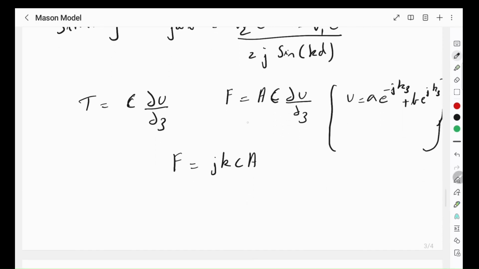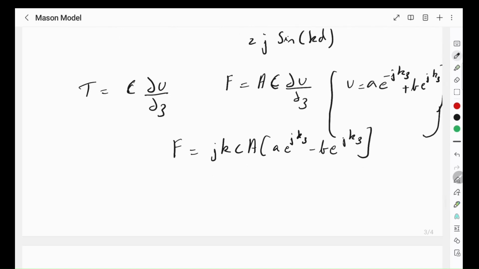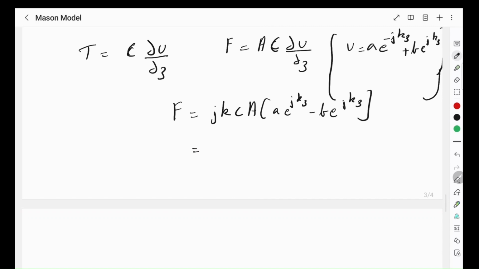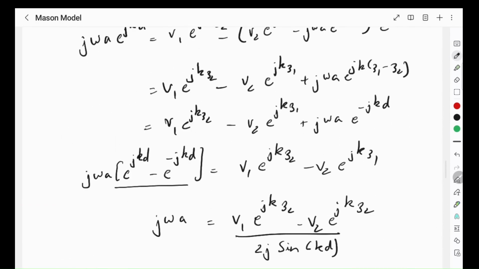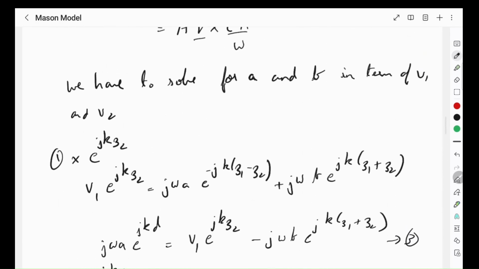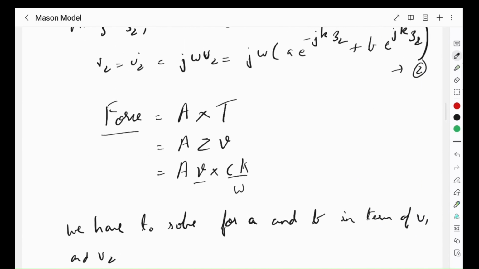So yes, F is equal to, ultimately you're differentiating ∂u by ∂z and then substituting here, you can write jkCA e^(jkz) minus B e^(-jkz). As I had shown before, you can write the impedance.